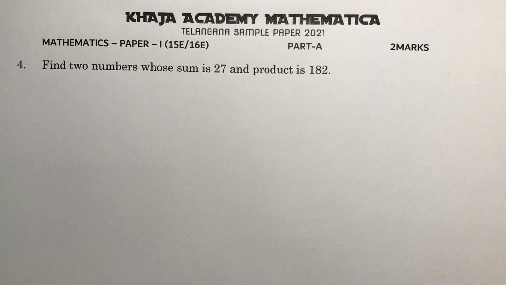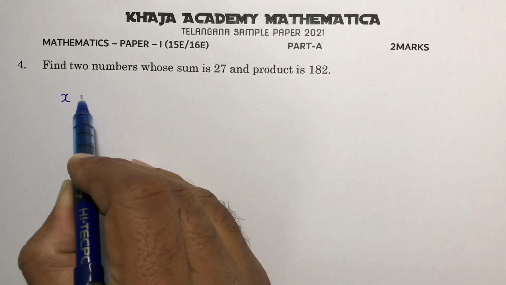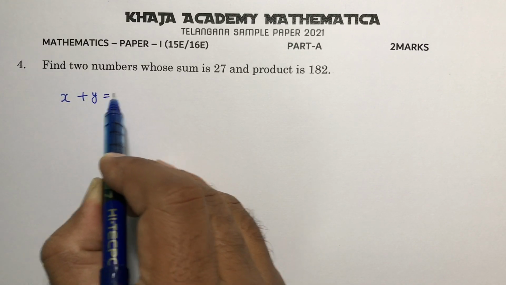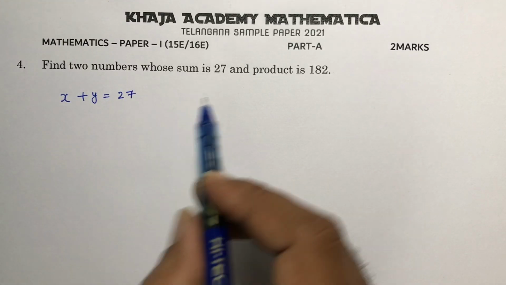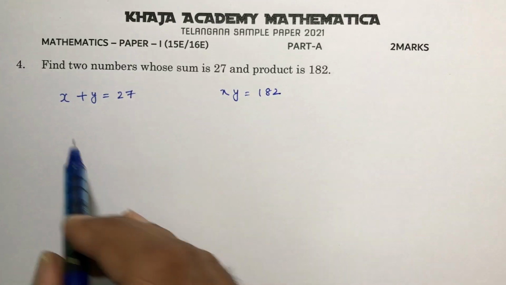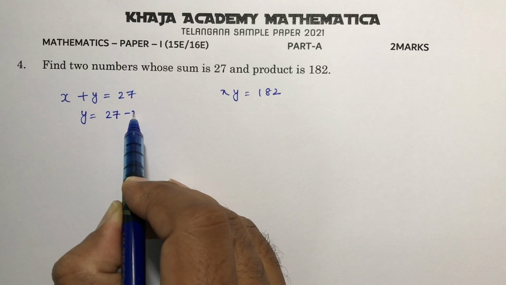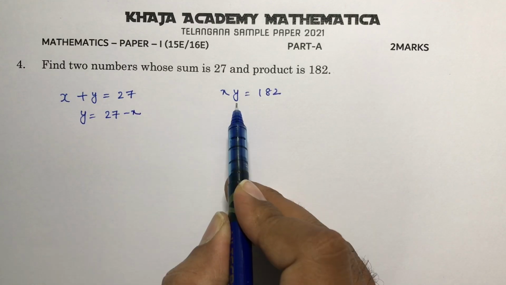Find two numbers whose sum is 27 and product is 182. Let the two numbers be x and y. So here they give sum x plus y is 27 and product x into y is 182. From here, if I take the value of y, that is 27 minus x, this value I will substitute in this.